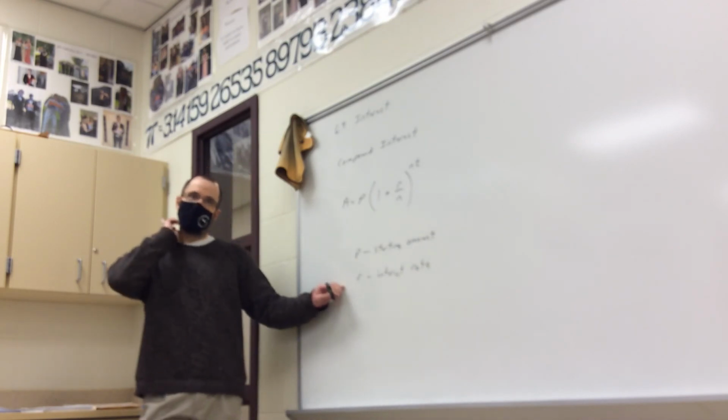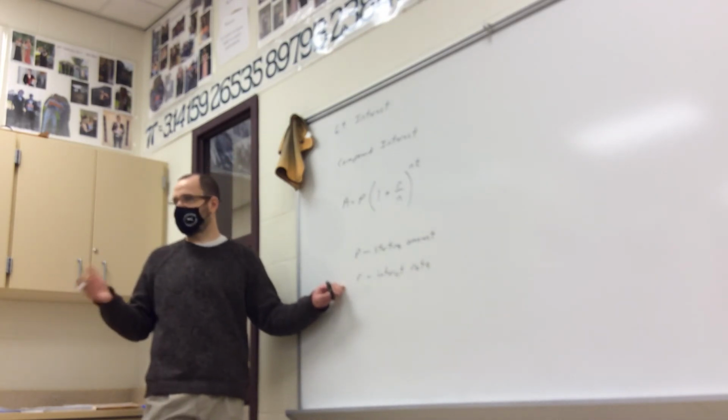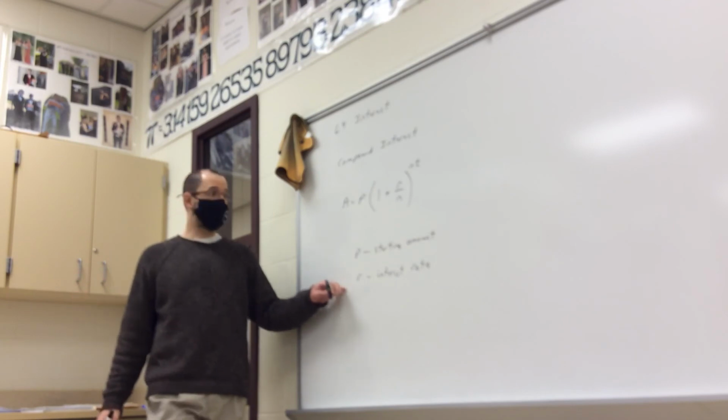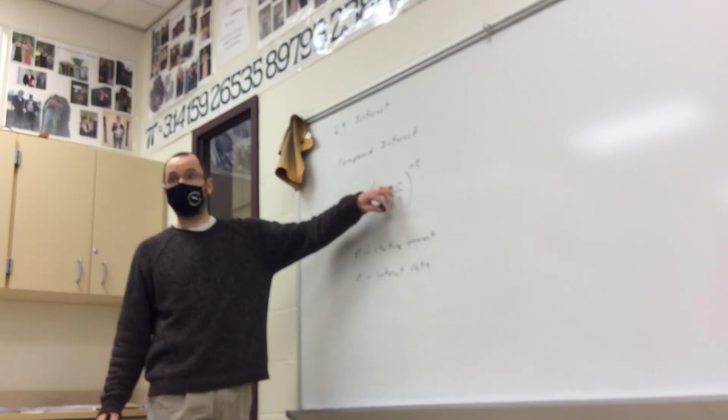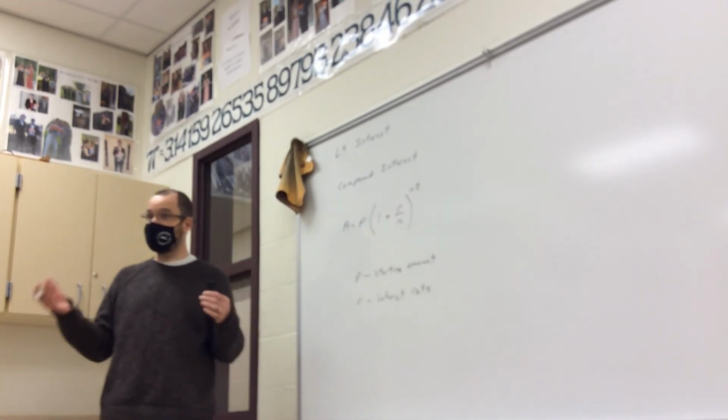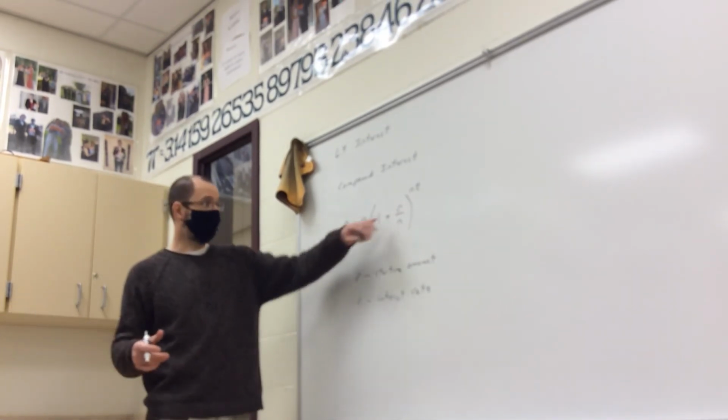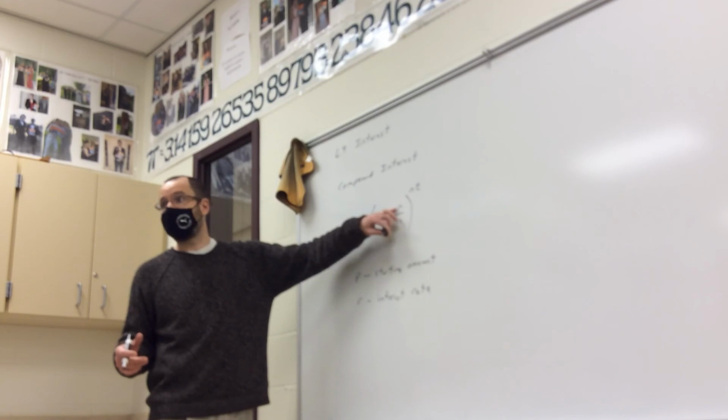And so usually interest rates are given in percents, like 2%. But this needs to be in decimal form. So if the interest rate was 2%, then you would put 0.02 up there.